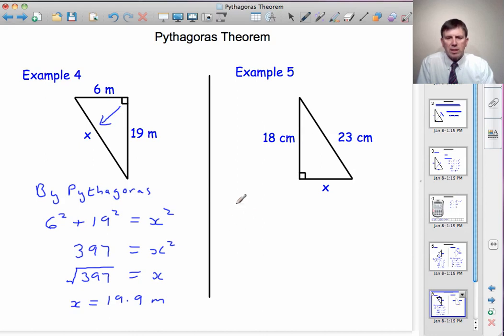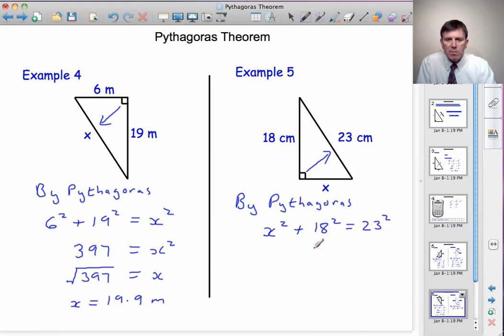Moving on to our last example. By Pythagoras, mark on the hypotenuse so we know which one goes on its own, and it's going to be x squared plus 18 squared equals 23 squared.